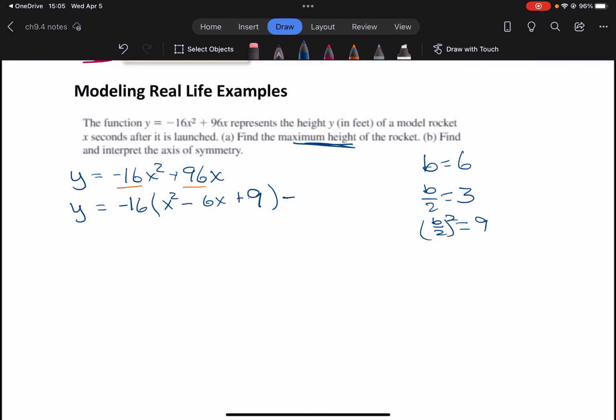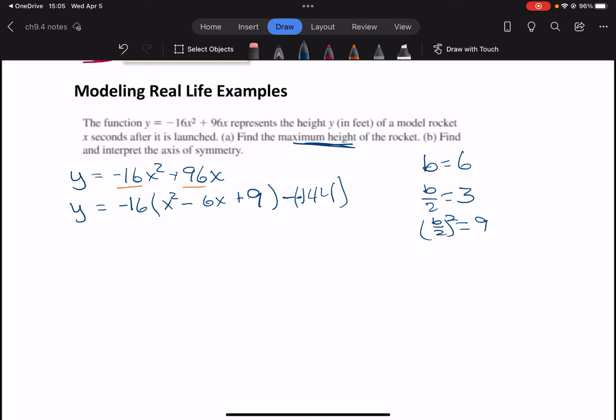Then I'm going to do 9 times 16, which is 144. Okay, that's a positive times a negative, so it's a negative 144. I'll put my negative in there. So I got negative 144, kind of clean this up. I make that a positive.